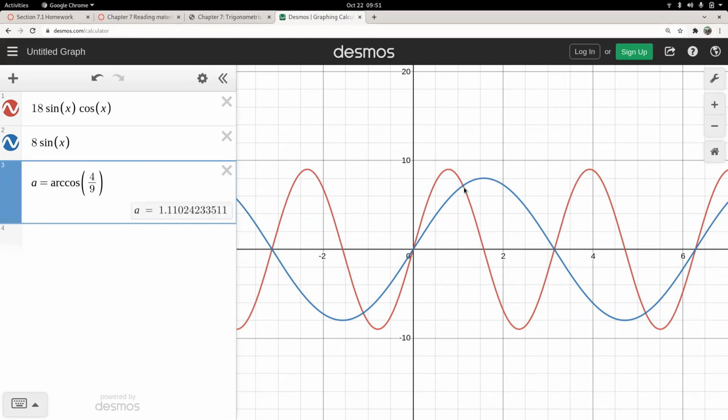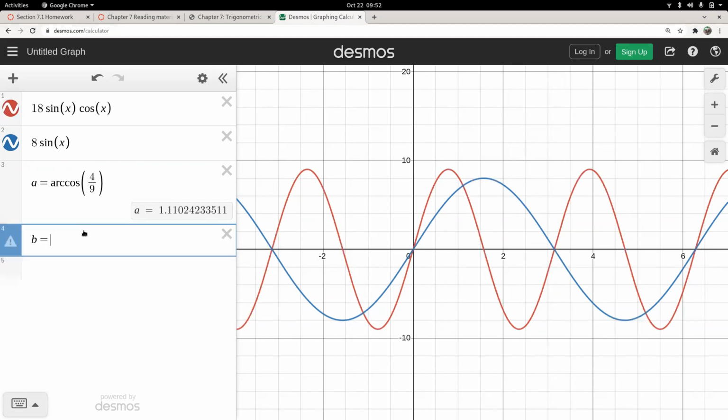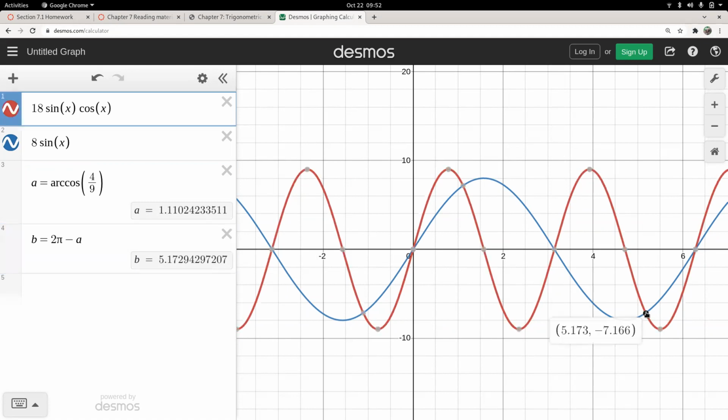So that was this one right here, 1.11. And then the 2 pi minus that should be this intersection down here. And notice it's less than 2 pi, which is over there. So if I say B, my other solution should be 2 pi minus my solution A, 5.17-ish. That should be this one down here. There it is. Okay, so we have our 4 solutions.